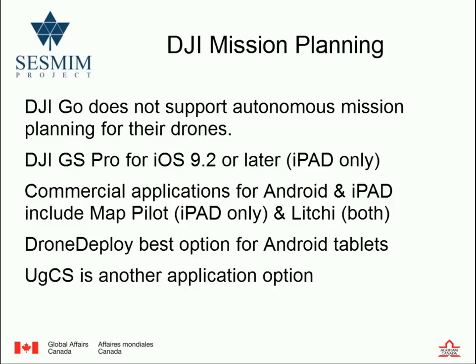There's another application called UGCS. That is another option. It is like Mission Planner, which is open source. The problem with Mission Planner, you'll see when Gary explains it to you, is that it is very complicated, and DroneDeploy is much easier to use. Unless we need all the functionality of Mission Planner or UGCS, I would stick with DroneDeploy.